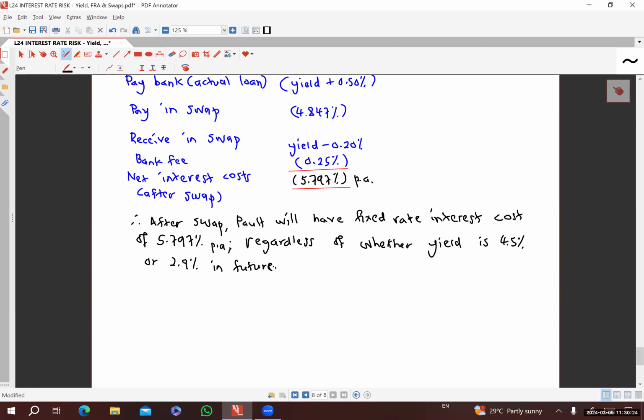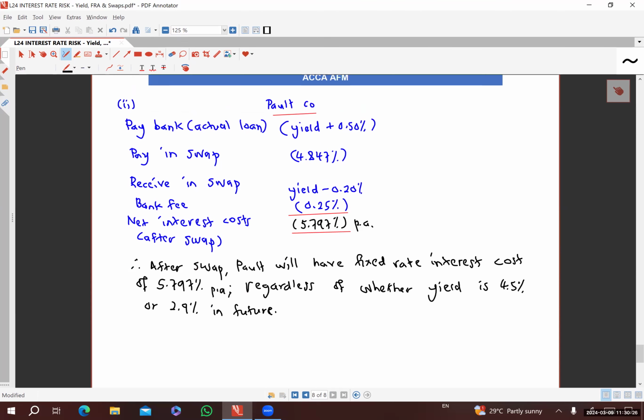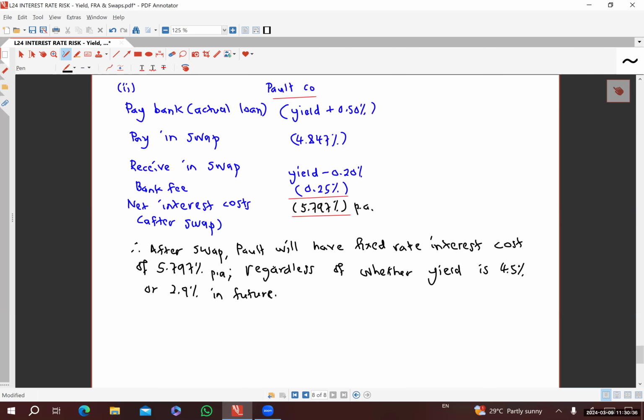If you want to convert to dollars, you can take 5.797% times 400 million. That's the loan in dollars. Okay, the next part of the question, last part.